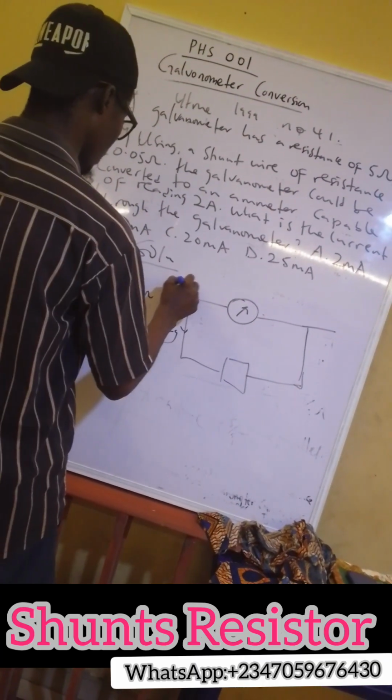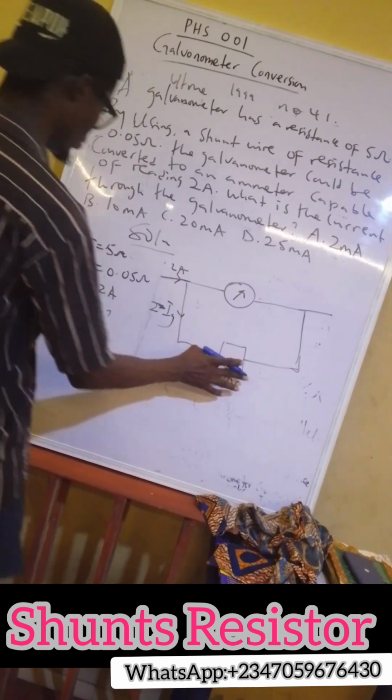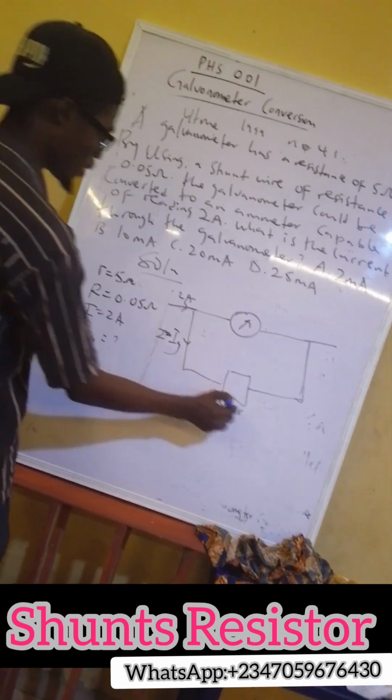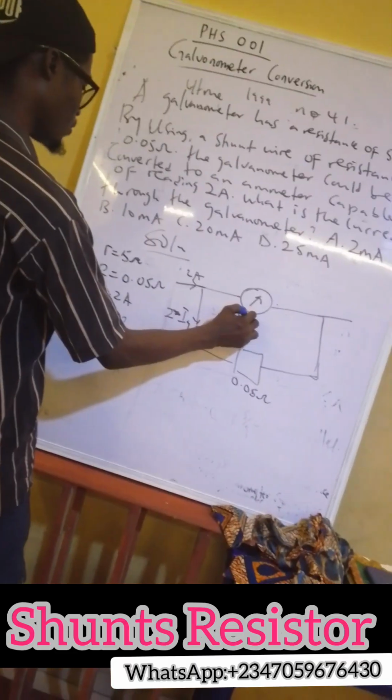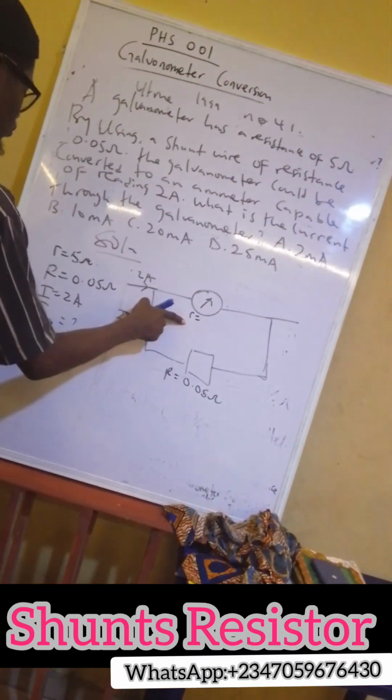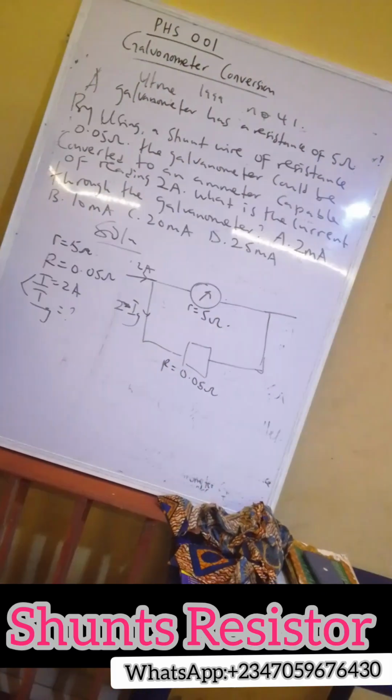Here we have 2 A. This shunt resistance is 0.05 ohm, and this one, small letter r, is the resistance of the galvanometer, 5 ohm.